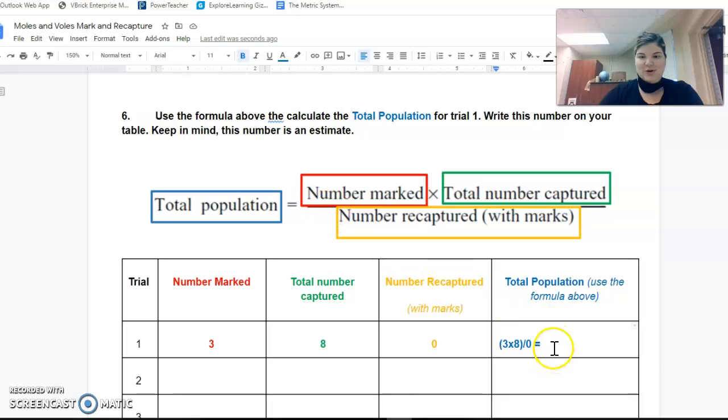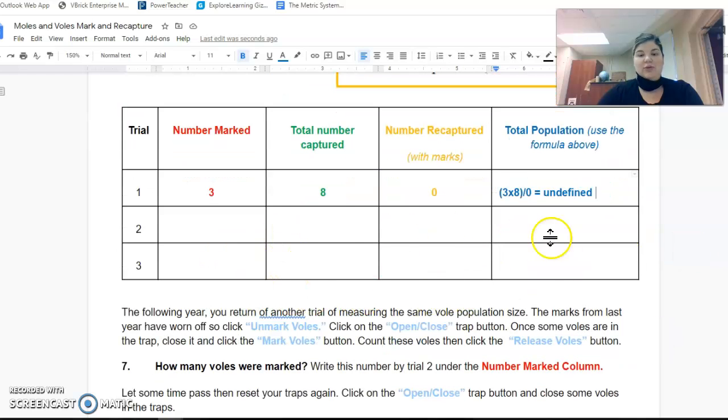Well, of course, dividing by 0 makes it undefined. So for this trial, we are not able to come up with an estimate for population. So we'll have to be able to at least recapture some of the previously marked voles to be able to get a total population. That's why we have 2 more trials where you will repeat this step.